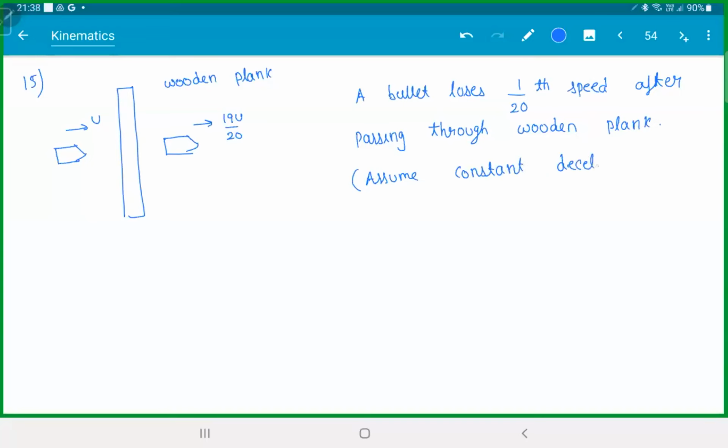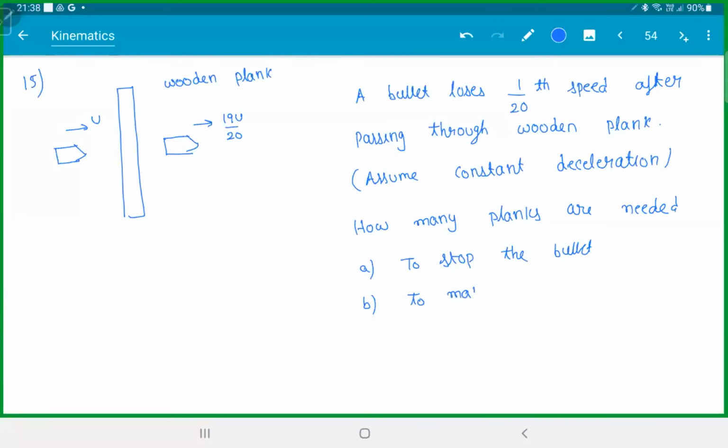This is a standard one. How many planks are needed to make the speed half? First question, let's say to stop the bullet. You want to stop the bullet, so how many planks should you keep? We can just modify it a bit to make the speed half.